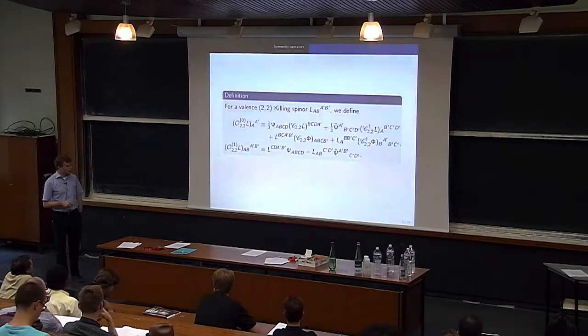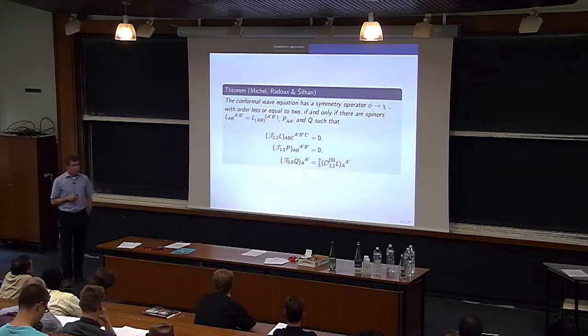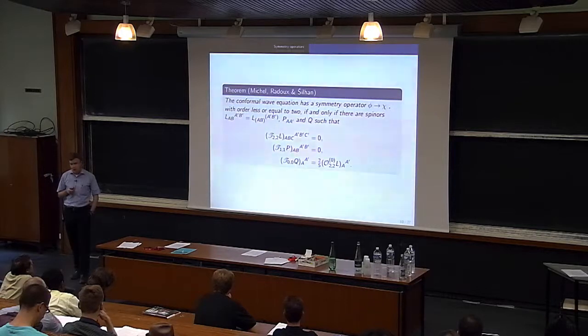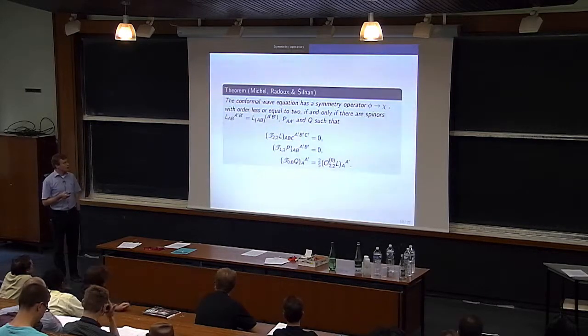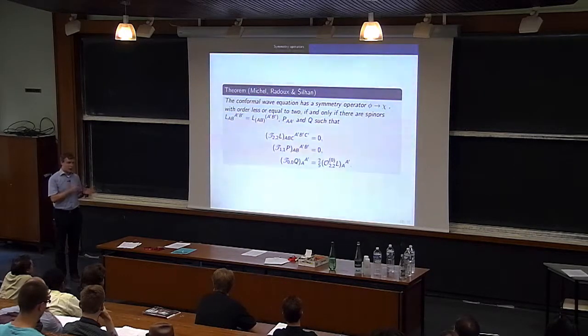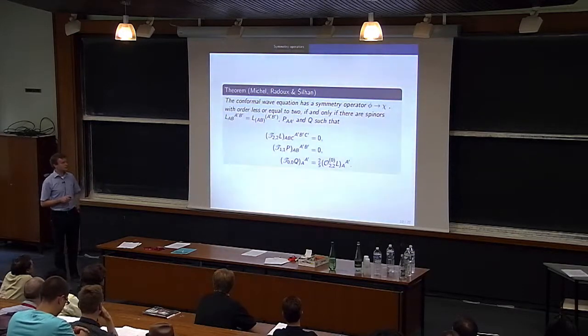And it will soon be clear what we use them for. If we are going to study just symmetry operators for the conformal wave equation, we just have to look in the literature and find results from people in the audience. And just to see how this fits into the general picture here, I have translated it to this setting.